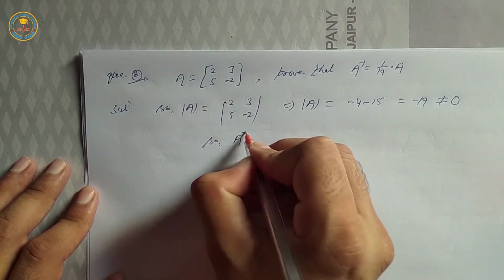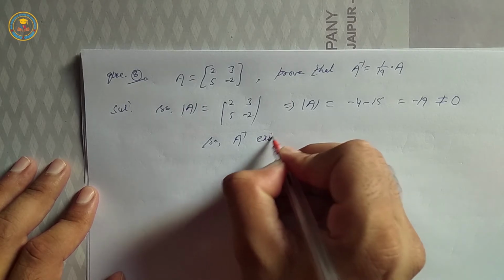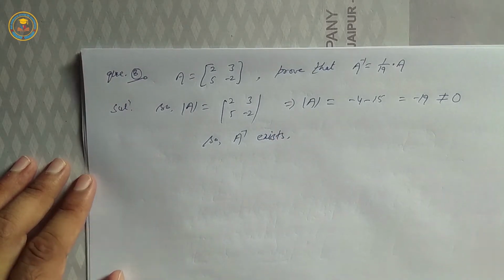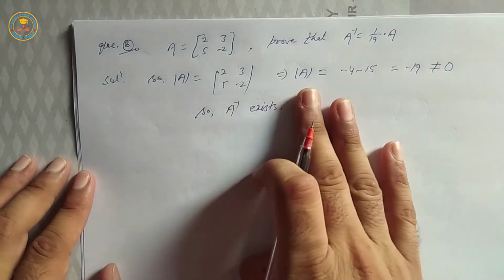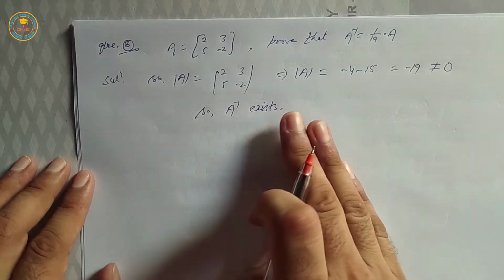So A inverse exists. Okay, because determinant A is not equal to 0, so A inverse exists.